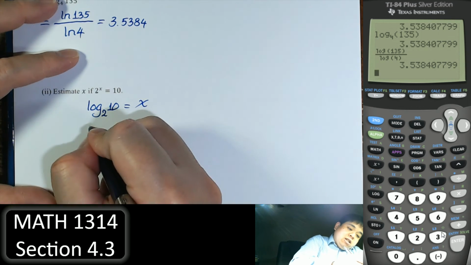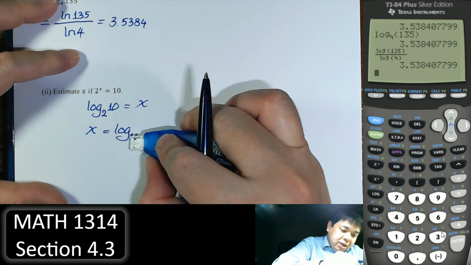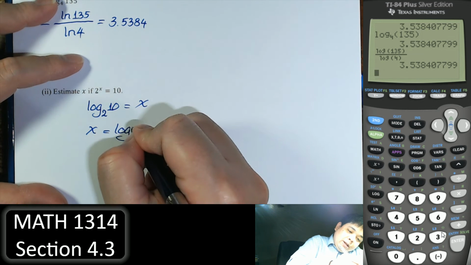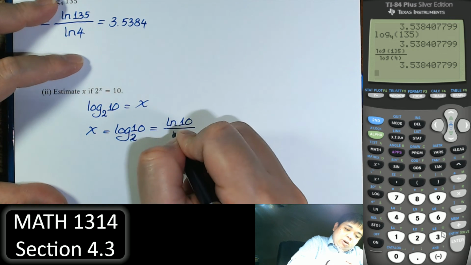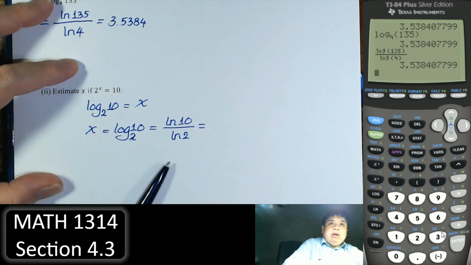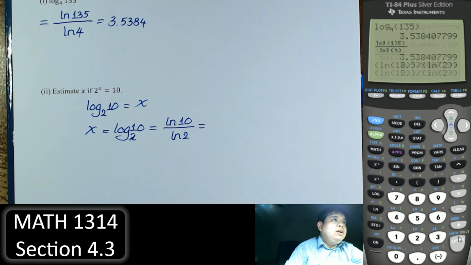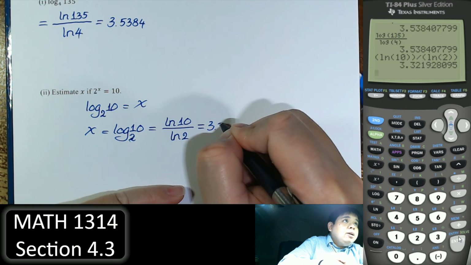So pretty much x is equal to log base 2 of 10, which can be approximated as ln of 10 over ln of 2. And we use a calculator to get the estimate. And that is 3.32.